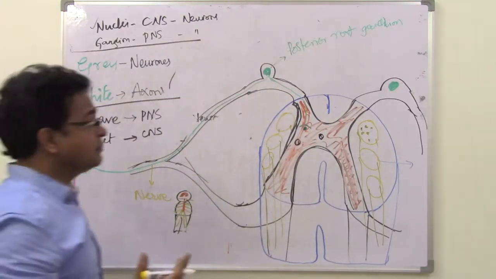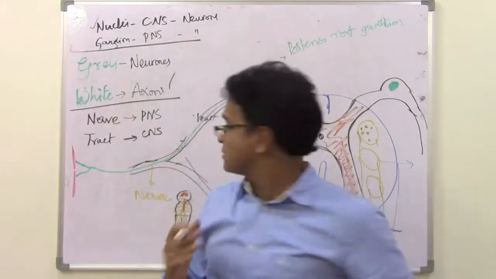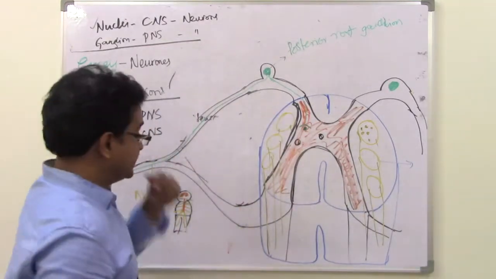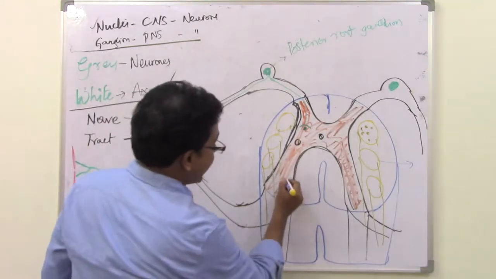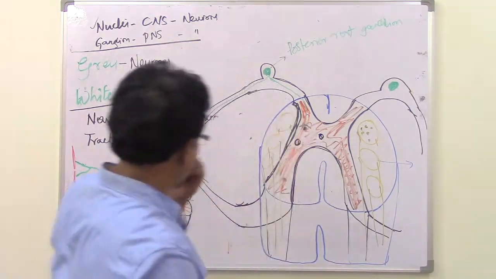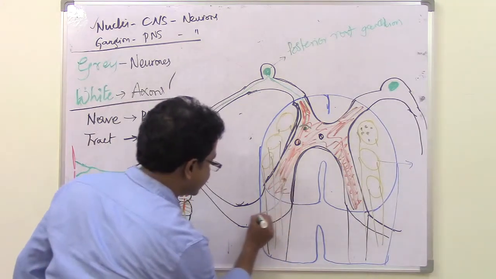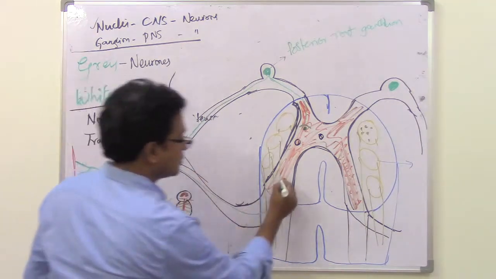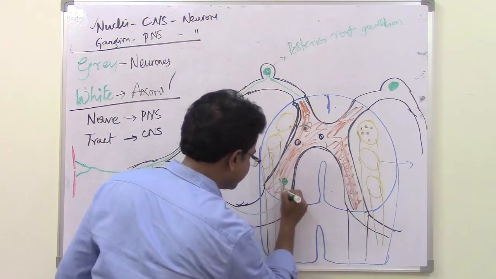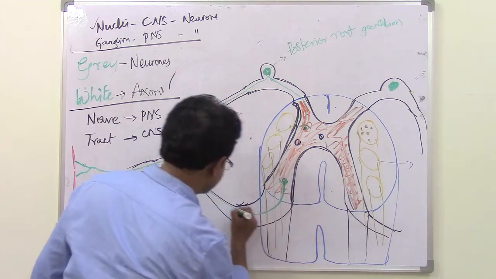Another important thing that we need to understand about posterior root and anterior root is that most of the anterior root neurons are motor in nature, right? So this is a cell body. This is the axon.